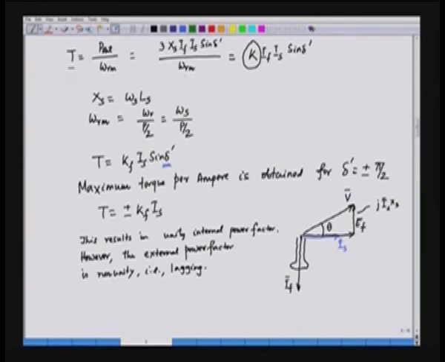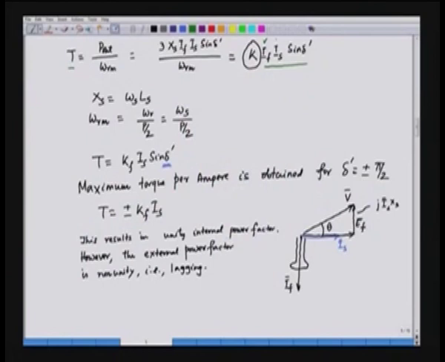If we divide this, we get an expression K times If times Is times sin of delta prime. So, the torque is proportional to sin of delta prime, and also to If and Is. If is the field current.